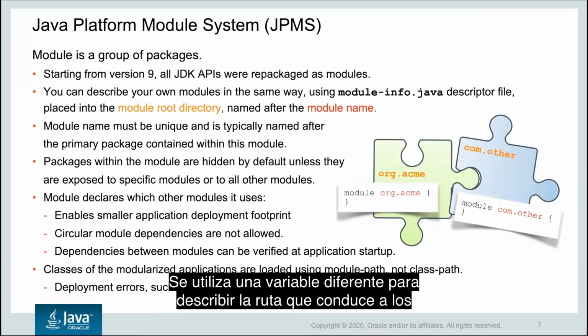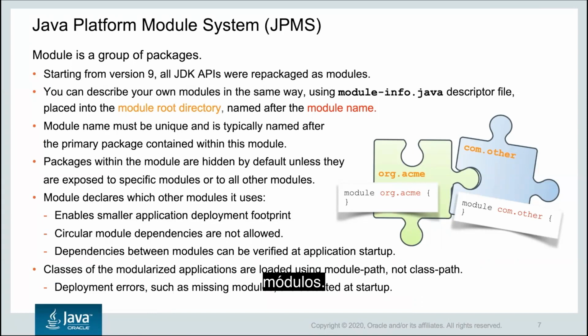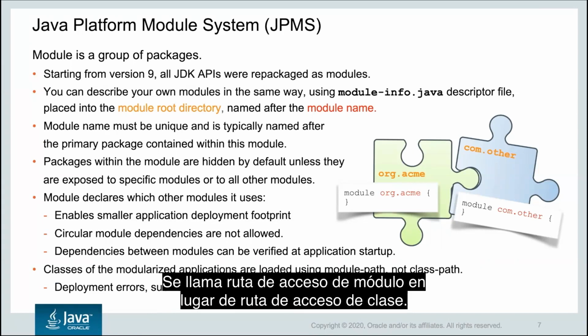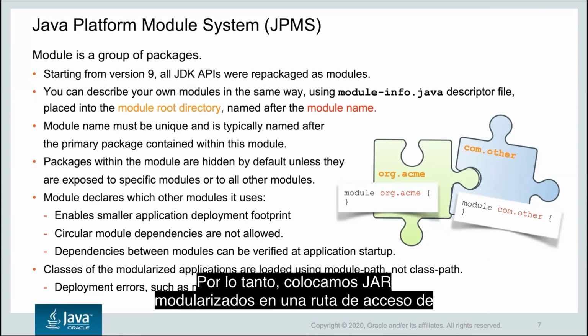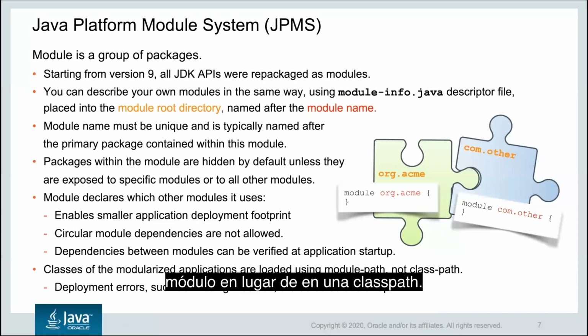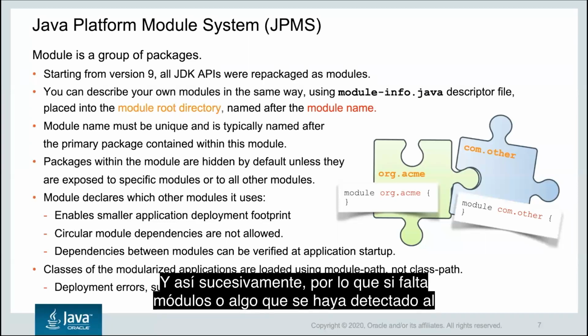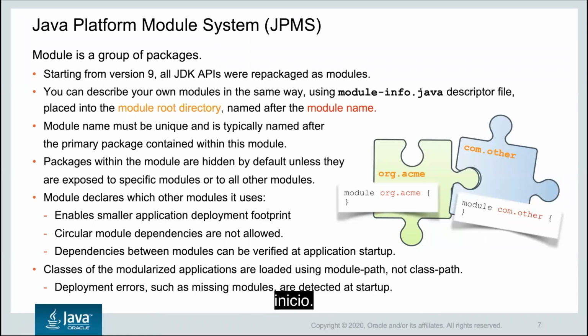A different variable is used to describe the path that leads to modules. It's called module path instead of class path, right? So we put modularized jars in a module path rather than class path. And so, yeah, if you have a missing module, that's detected at startup.